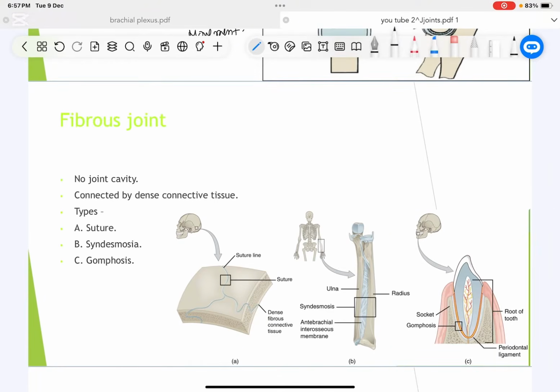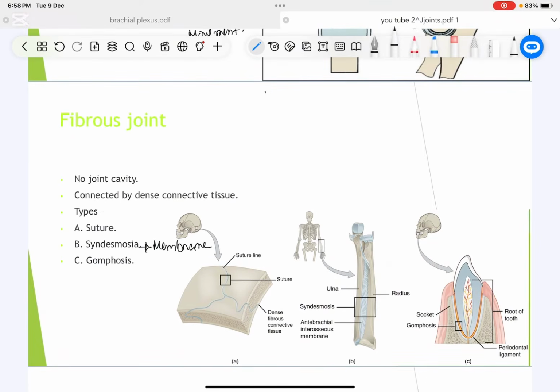Now the second variation of fibrous joint we are going to discuss is syndesmosis. Syndesmosis usually happens in between two long bones. In syndesmosis, the connective tissue is converted into a membrane, and it happens in between two adjacent long bones.